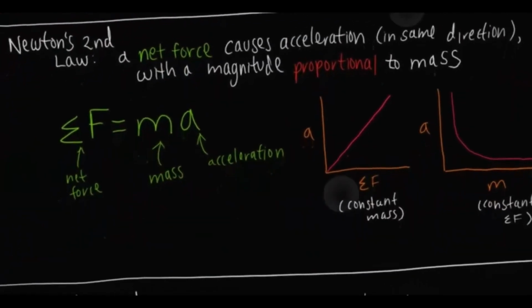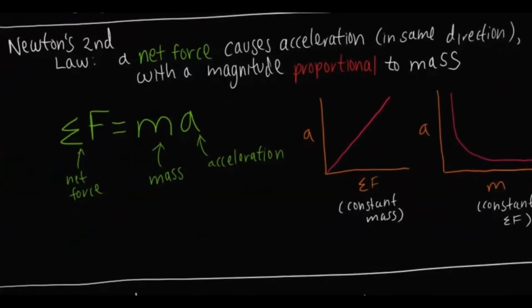But let's move on to Newton's second law, which is sort of like the inverse of Newton's first law, and that's where you do have a net force. A net force will cause an acceleration in the same direction. So it's basically an equation, right? Net force is equivalent to mass times acceleration.